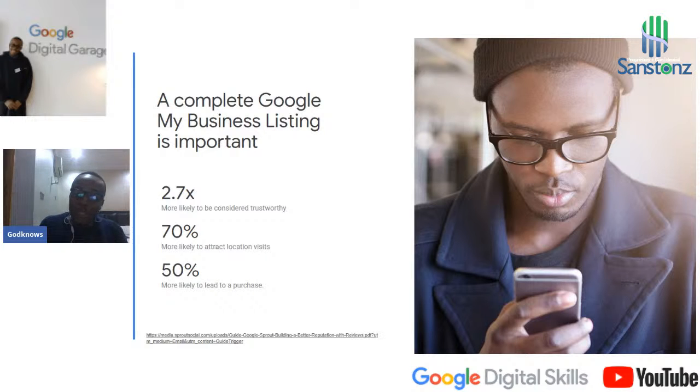Now, back to the story I wanted to tell you for the 70% more likely to attract location visits. I had a friend last year. He has a barber shop. He's a barber, and I asked him to get on Google My Business, which he did. We verified, and everything came out fine. During the Christmas period, people came back home for the festive season.